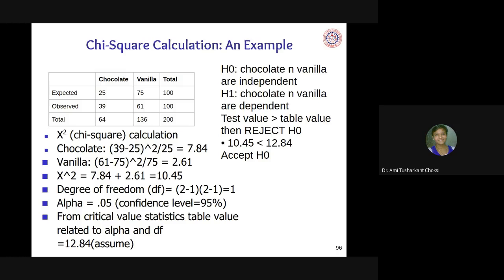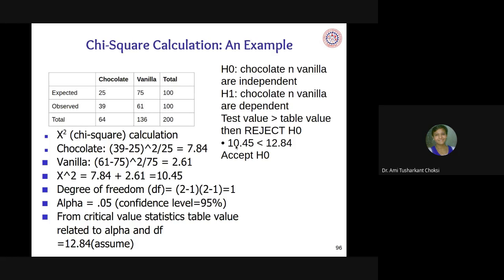If the test value calculated from the chi square equation is greater than what we found from the table, then reject the null hypothesis. The null hypothesis says that chocolate and vanilla are independent.